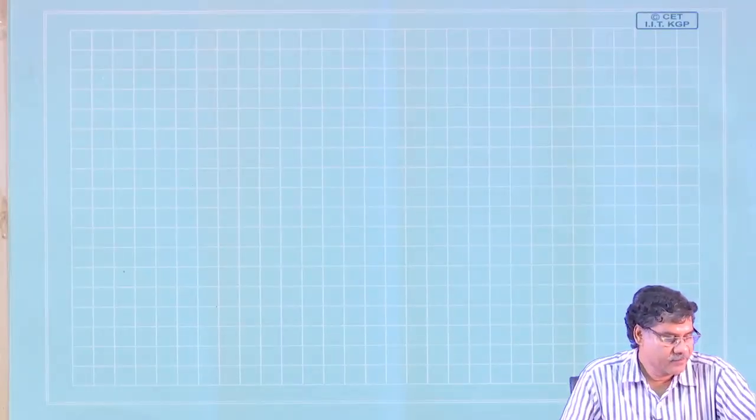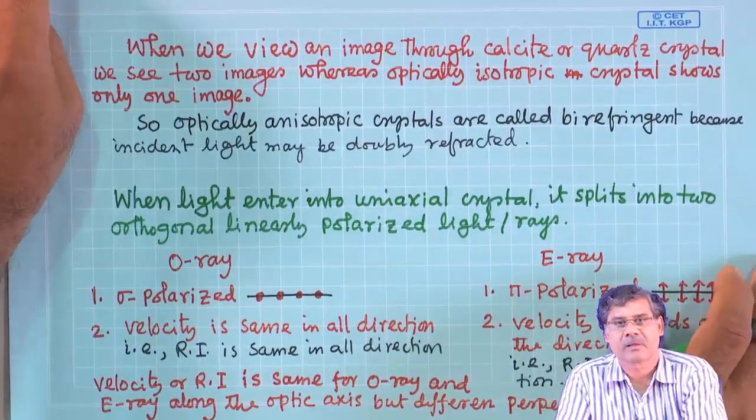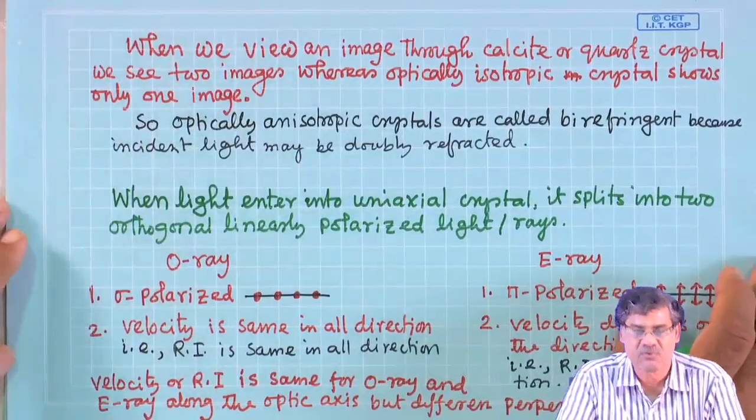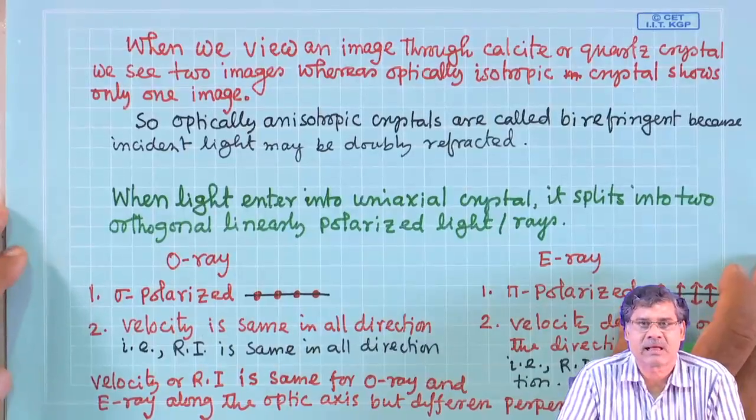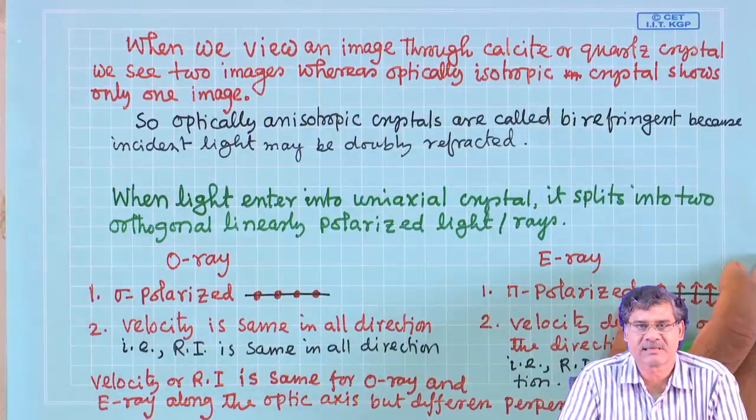So, when you view the image due to refraction through the glass, we see one image for a particular one object, right.